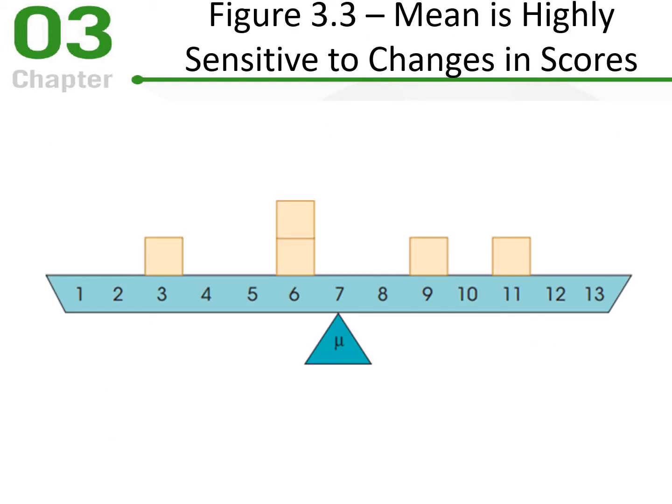So here's another example where the mean is 7. I have 5 scores here. I have 3, I have 2 6s, I have a 9, and I have 11. When I add them all up, 3 plus 12 is 15, plus 9 is 24, plus 11 is 35. 35 divided by 5 scores gives me 7.